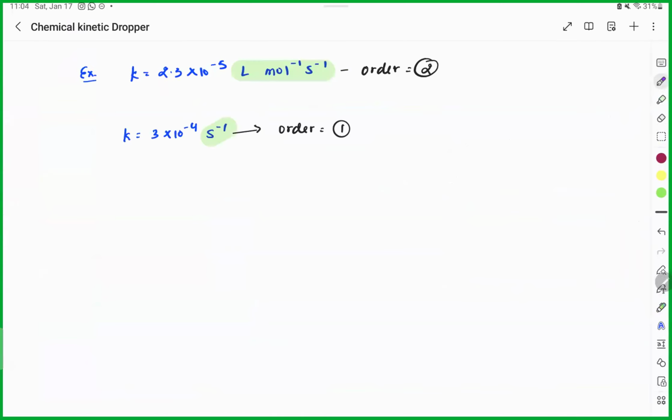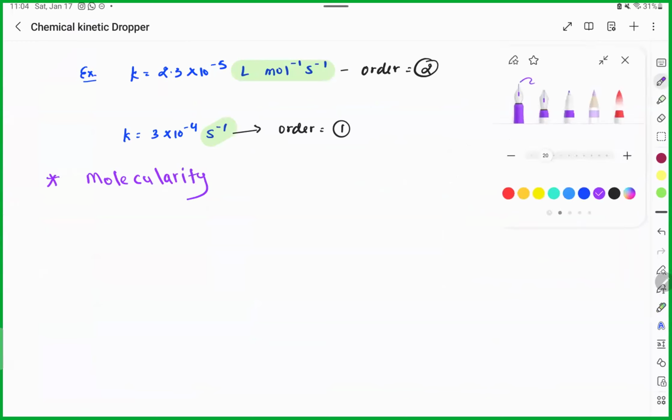So next is the molecularity of the reaction. And this molecularity is important for the theoretical question. Molecularity.